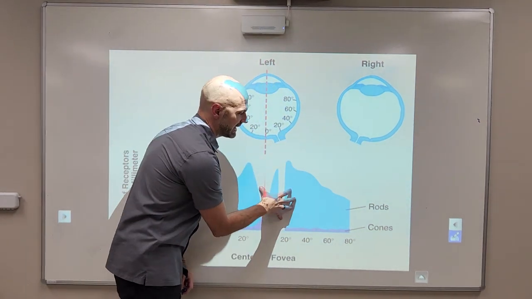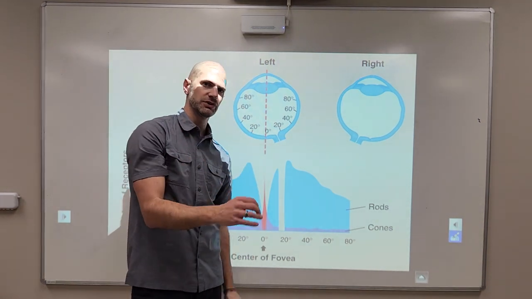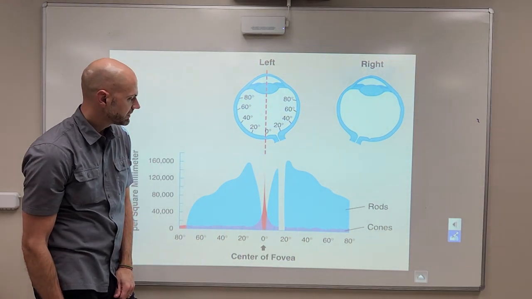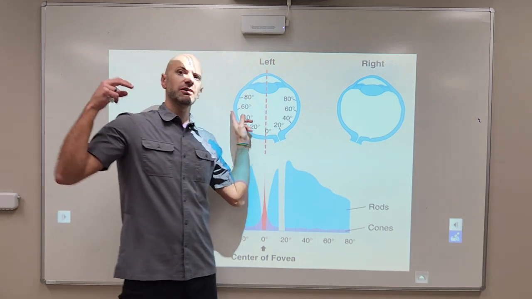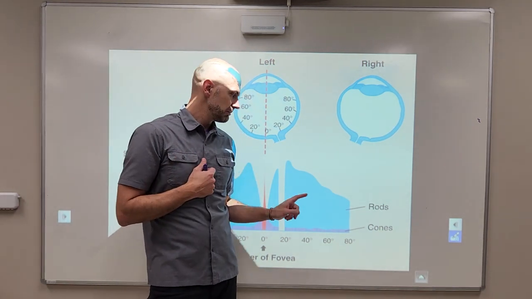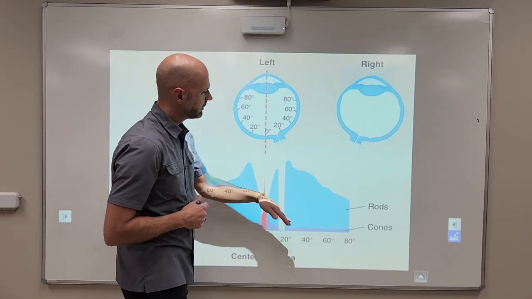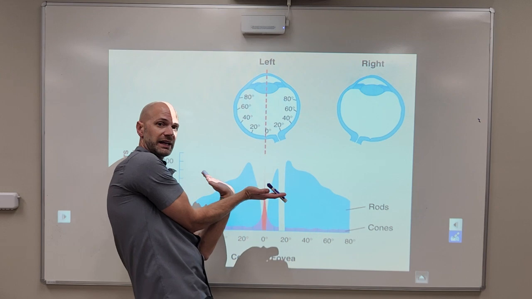Anyways, this graph shows the distribution of rods and cones proximate to the fovea. Let me explain. I said most of the retina is composed of rods, shown in blue. So here's the surface of the retina. If you take this as the retina, you're going to flatten it out and lay it down like so.